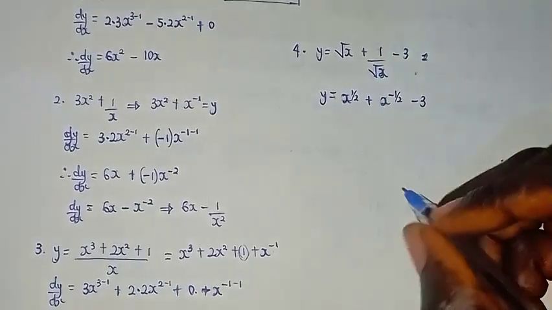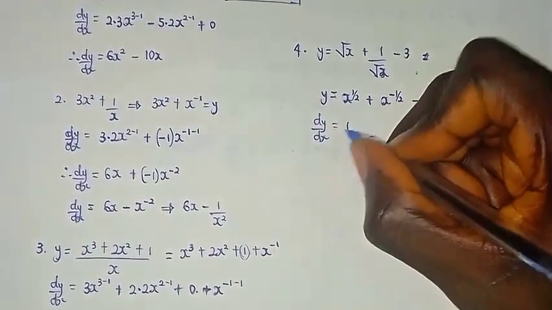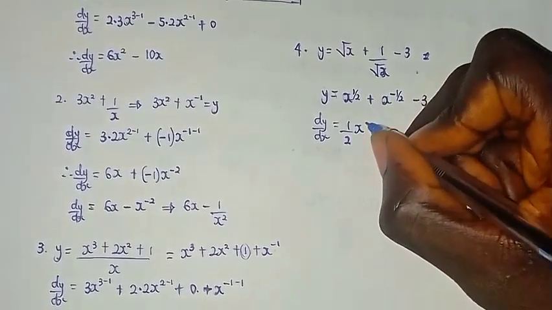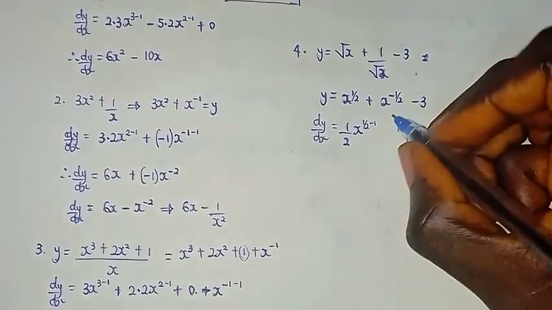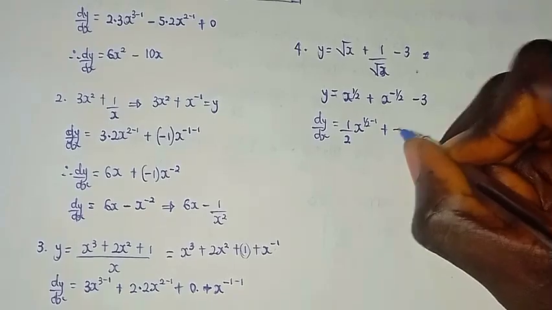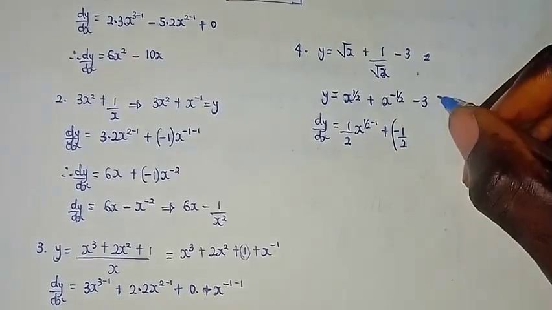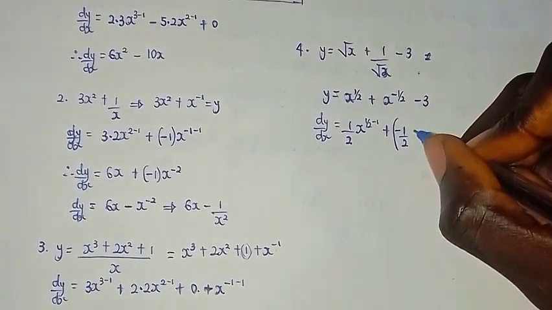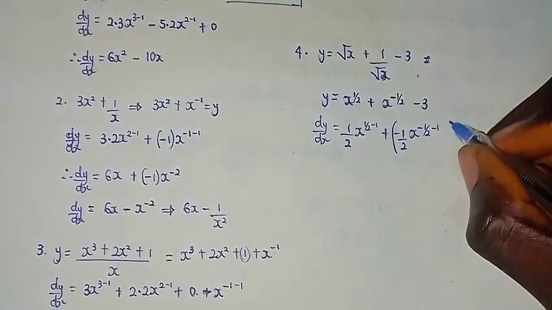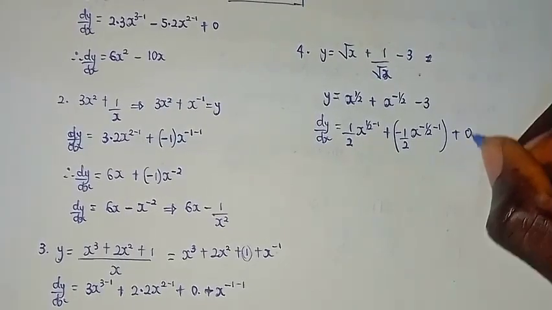This is our y. So our dy over dx becomes 1 over 2 x, and then we'll subtract 1 from the power, plus, this becomes minus 1 over 2 multiplied by x to the minus 1 over 2 minus 1. And then this is a constant, so it's just 0.